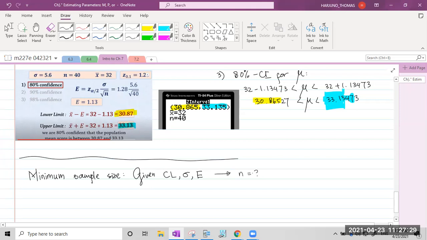Suppose we want to construct a confidence interval, but we don't know what is the appropriate sample size such that it fits into the required margin of error. Then you will use this formula. N equals the ceiling, means you round up, of the critical value squared times population variance over margin of error squared.